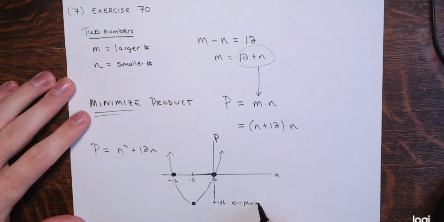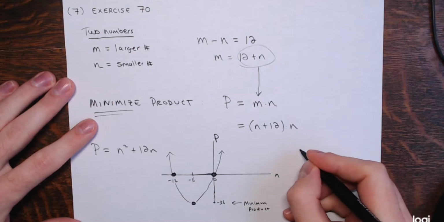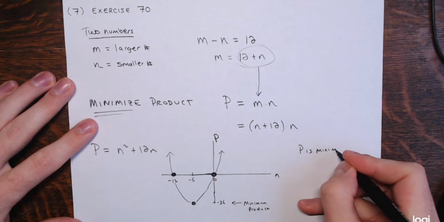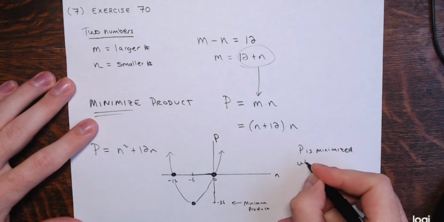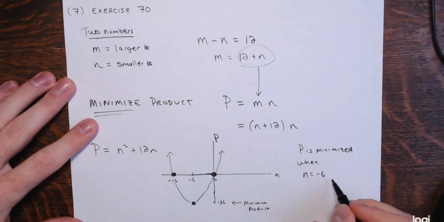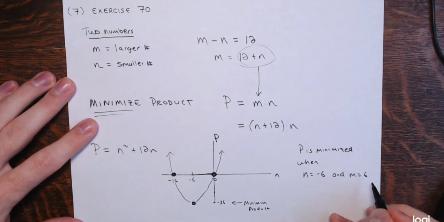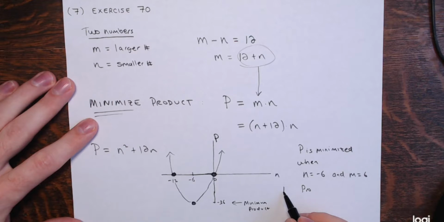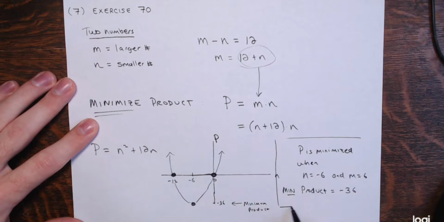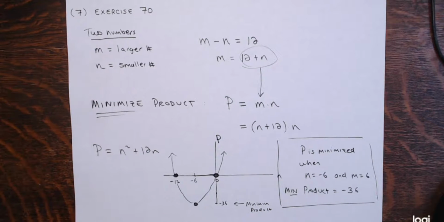So the product P is minimized when n equals negative 6, and if n equals negative 6, m must be 6, and their product, the minimum product between two numbers with a difference of 12, must be 6 times negative 6, negative 36. This is all the stuff they were asking for.